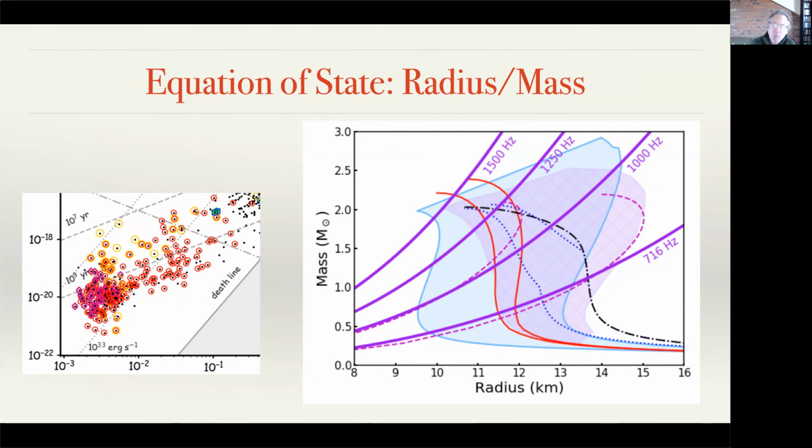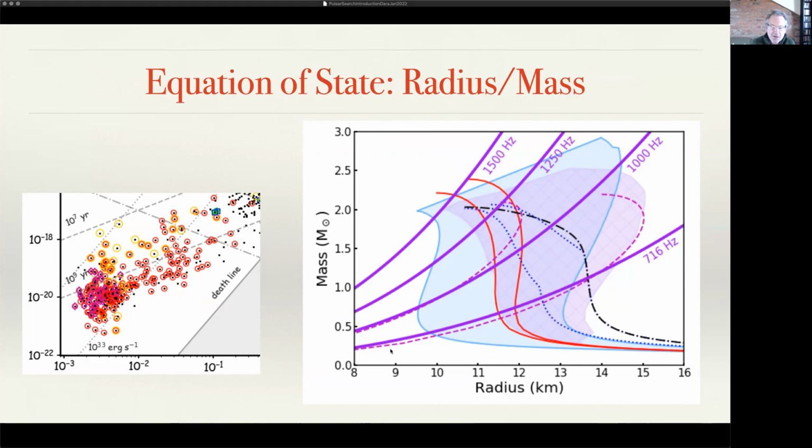So every 1.3 milliseconds, this 10-kilometer sphere has rotated once. And what this line corresponds to is it says that basically, if this object had this radius and this mass, then we would expect the object to basically fly apart. Okay, so this is a constraint based on that.